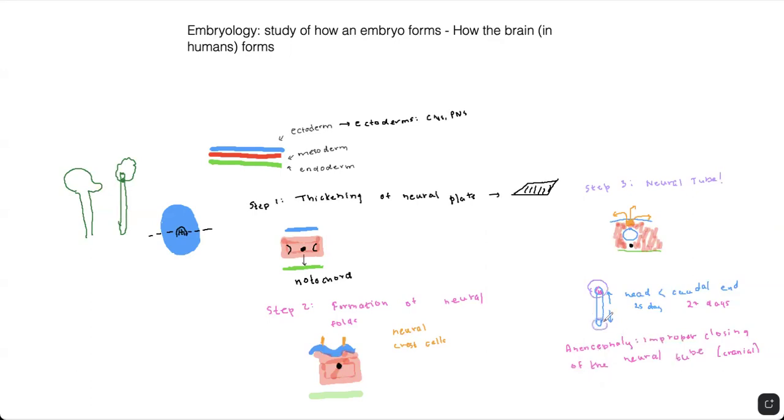Well, what if the tail end doesn't close properly? That's called spina bifida. This is a condition where the spinal cord, basically, the caudal end doesn't close properly.